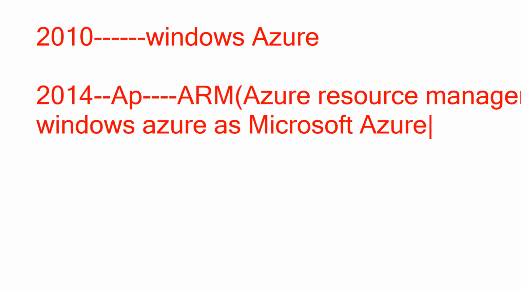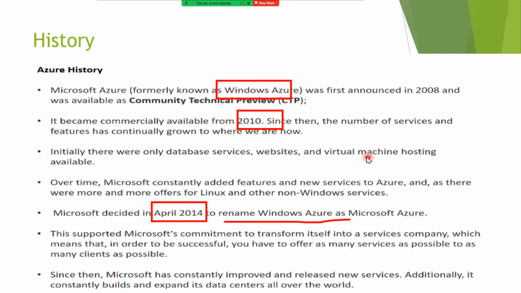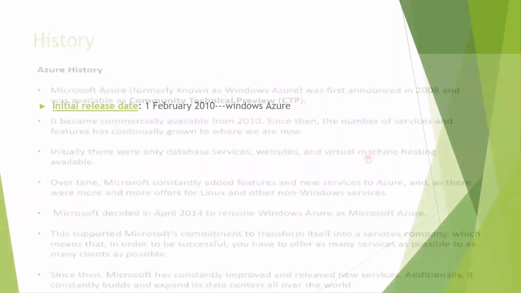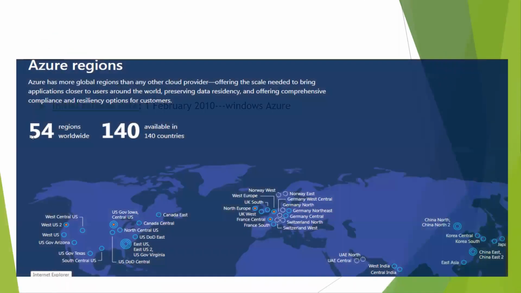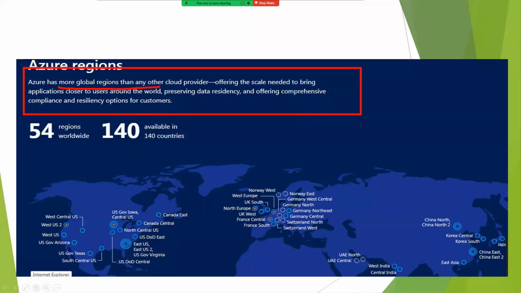Now have a look. In the year 2010, they introduced Windows Azure. In 2014, they renamed Windows Azure as Microsoft Azure. Next, this is the other thing. Azure has more global regions than any other cloud provider.